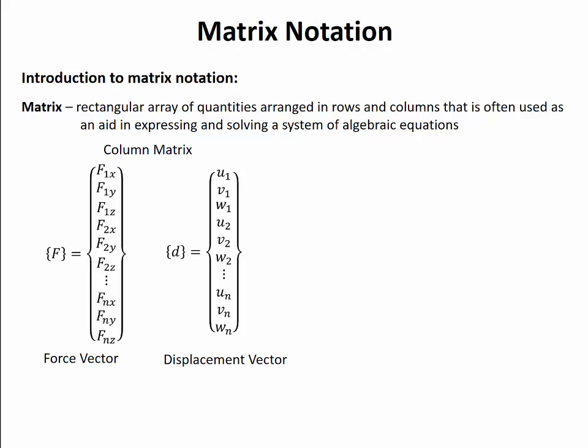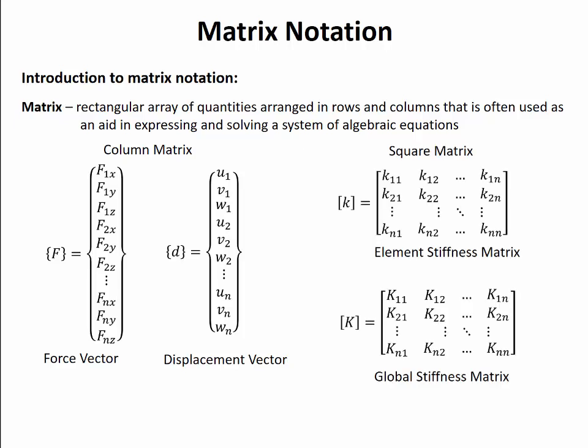In matrix structural analysis, we would say the force matrix, or the force vector. A column matrix is also known as a vector. So a vector quantity is a column matrix. The force vector is a column matrix, and the displacement vector is also a column matrix. It can have an unlimited number of rows, but has a single column.